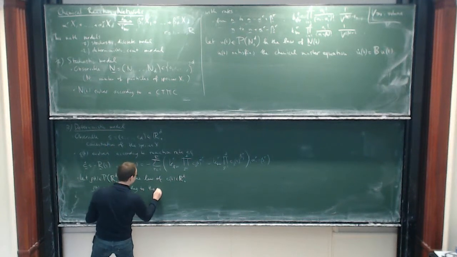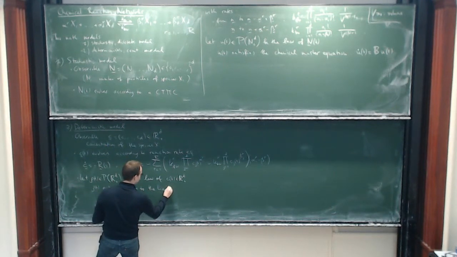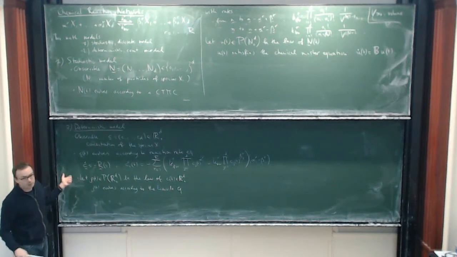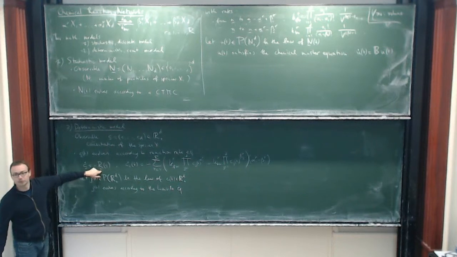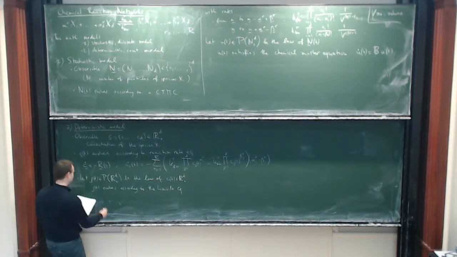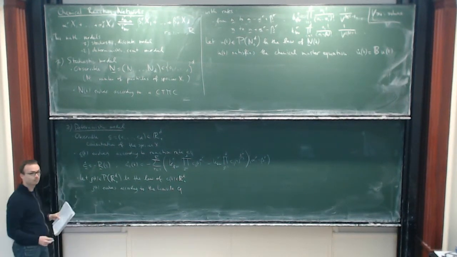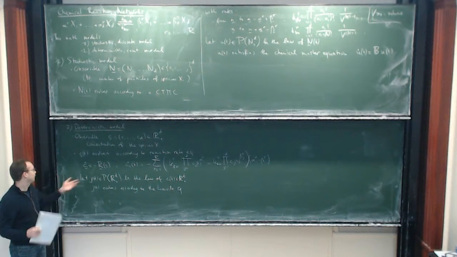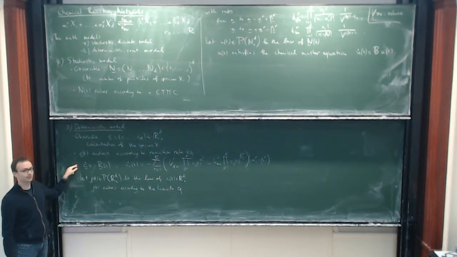According to the Liouville equation, which is just a transport equation in which the vector field is the one which drives your differential equation. If you start with just a deterministic initial condition, then it's just the delta function.